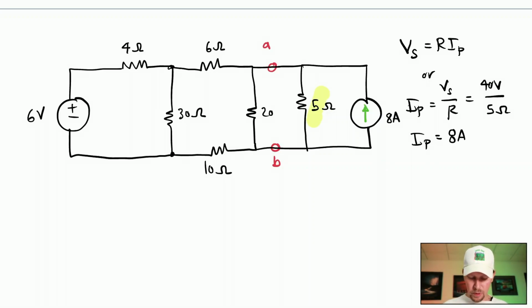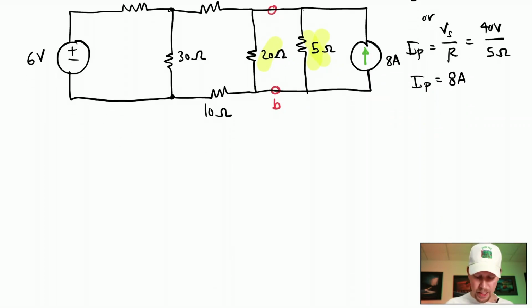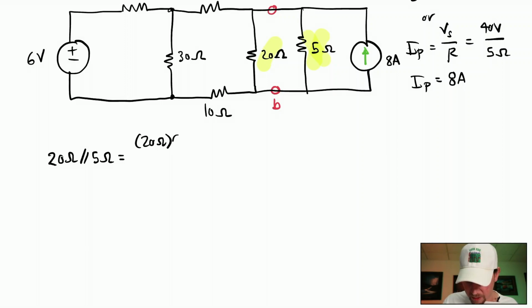Now, one of the nice things about this is that in the new circuit, this resistor and this resistor are now in parallel with respect to one another, which means we can add them in parallel. So let's go ahead and do that. If I take the 20 ohm resistor and add it in parallel with a 5 ohm resistor, that's 20 times 5 divided by 20 plus 5.